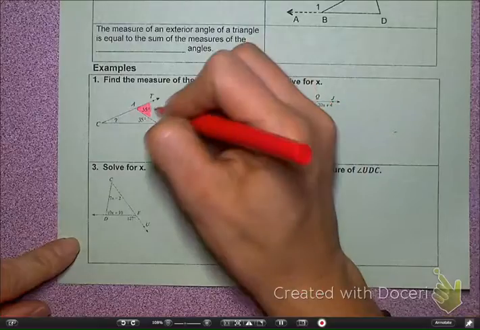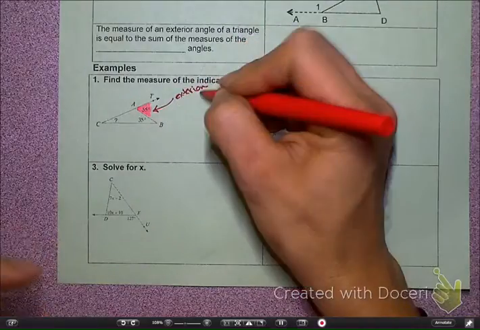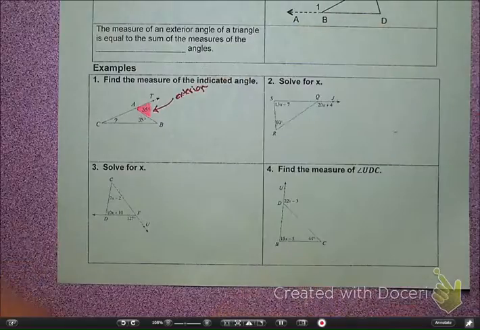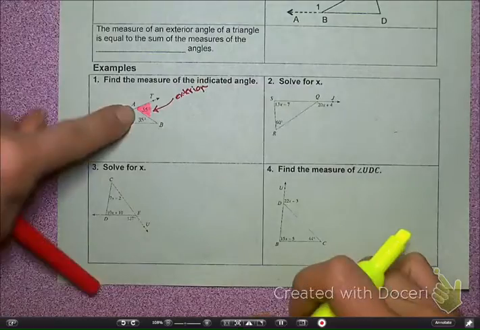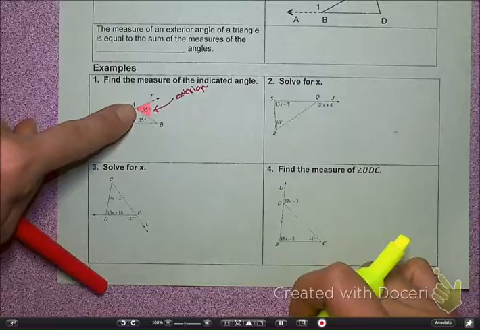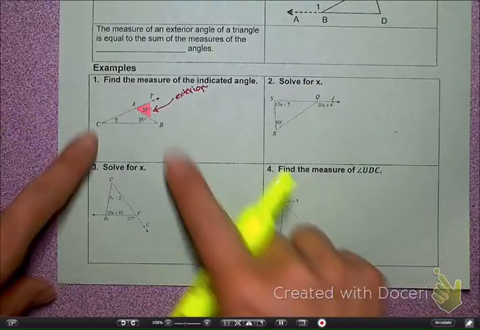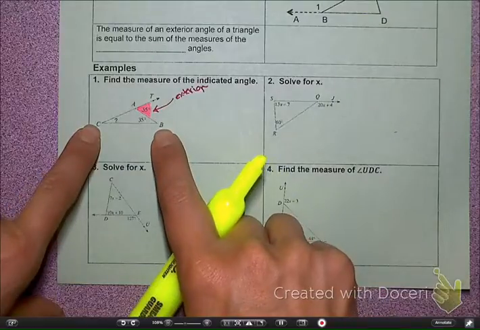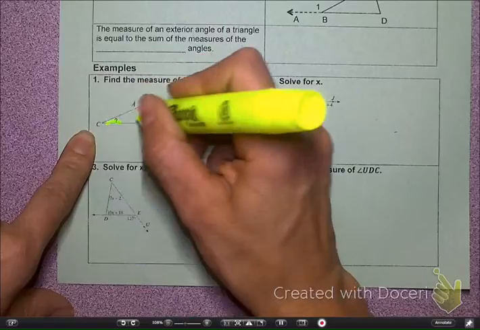Okay. Now, when I'm looking for the remote interior angles, I'm going to look for the ones that are not touching that one. Okay, so I see angle A is sharing a vertex with that exterior angle. So angle A is going to not be remote. Okay, what are the other two angles in the triangle? C and B. So that would be this one here and then this one here, right?